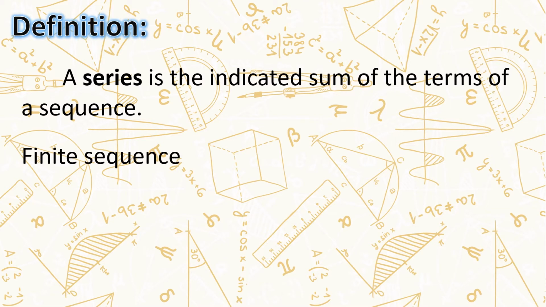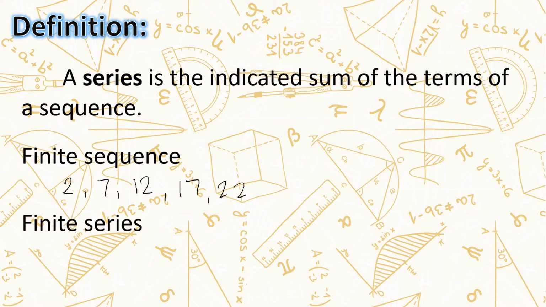For example, in a finite sequence, 2, 7, 12, 17, 22, the indicated sum is given by 2 plus 7 plus 12 plus 17 plus 22.